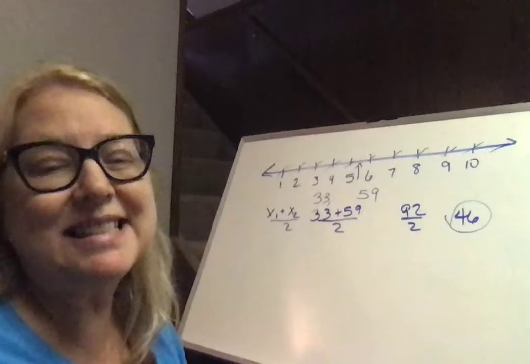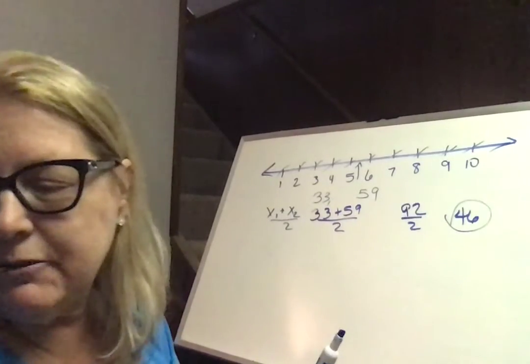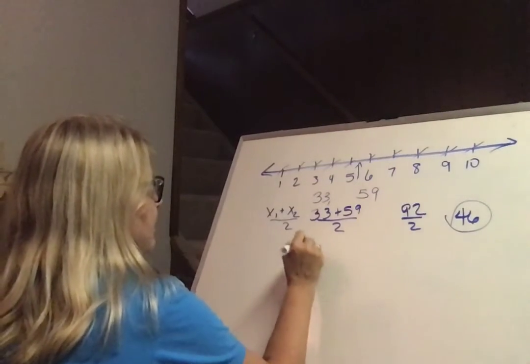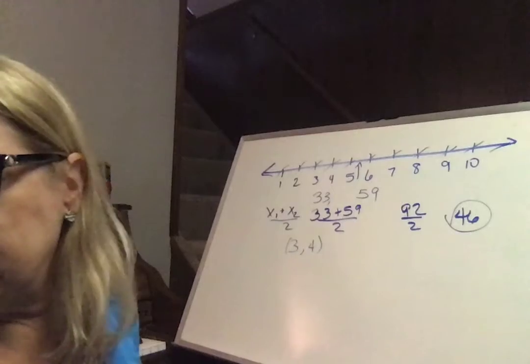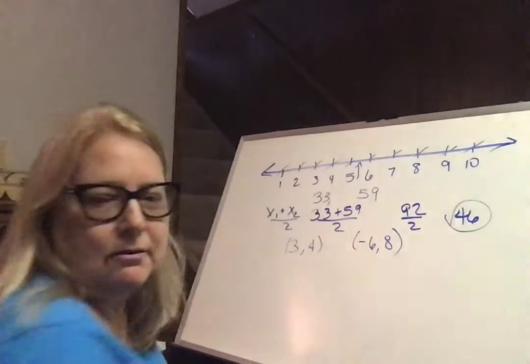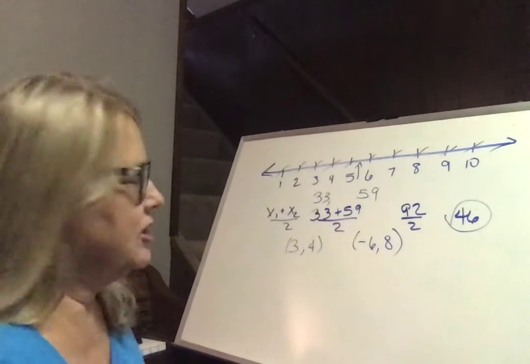What if instead of just individual numbers, we had two coordinates, (3, 4) for the first one and (-6, 8) for the second? We're finding the averages.